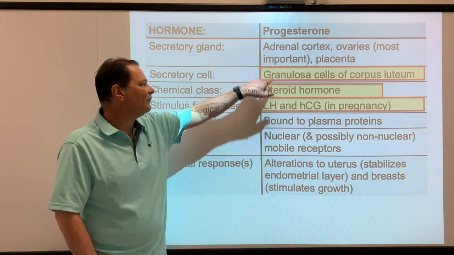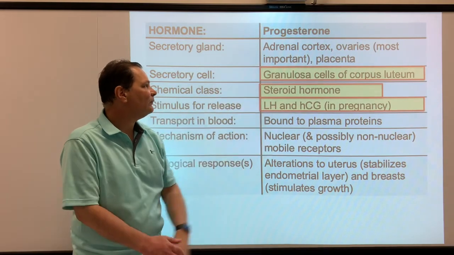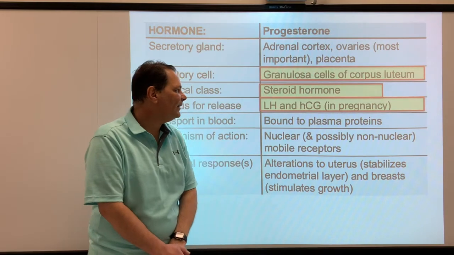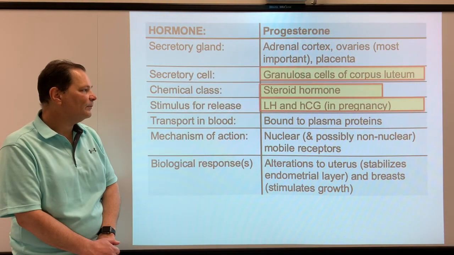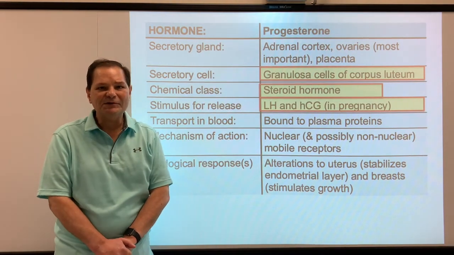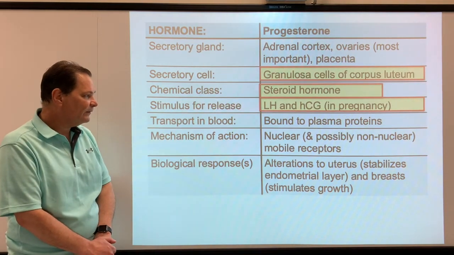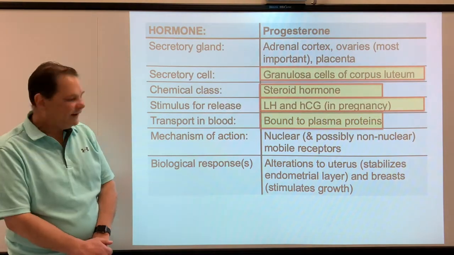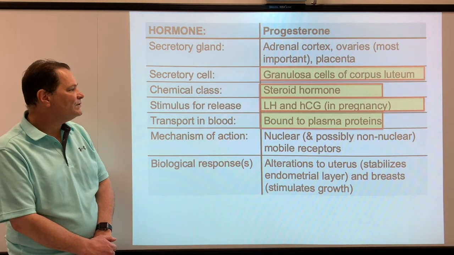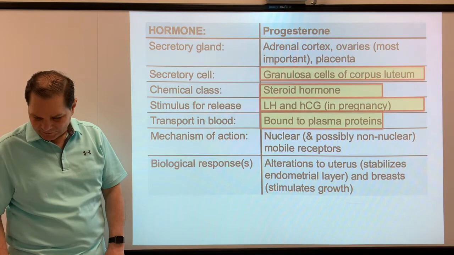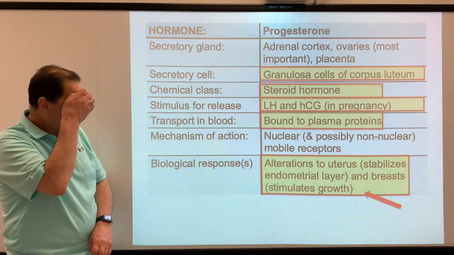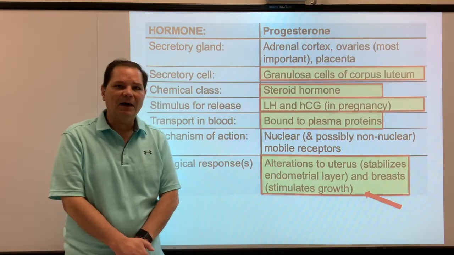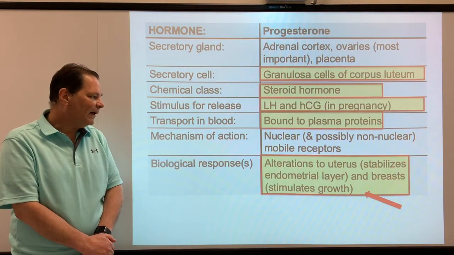LH stimulates the release of progesterone from the corpus luteum. Human chorionic gonadotropin also does this in pregnancy. We will talk about that much more in the pregnancy lesson, so you needn't worry about that right now. Again, the progesterone is mostly bound to plasma proteins, and it plays a role in stabilizing the endometrial layer in the menstrual cycle.